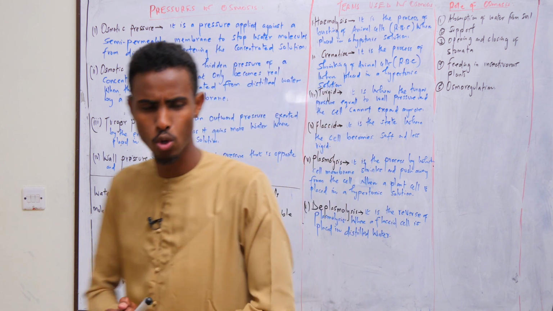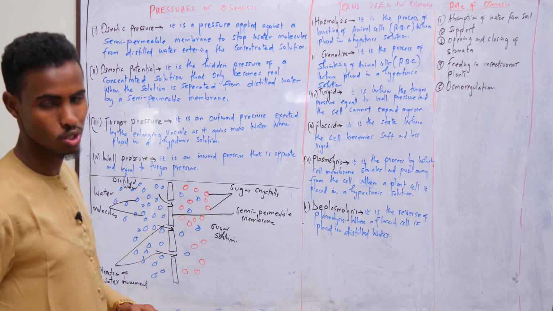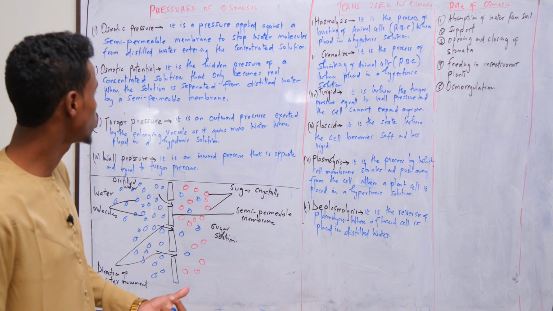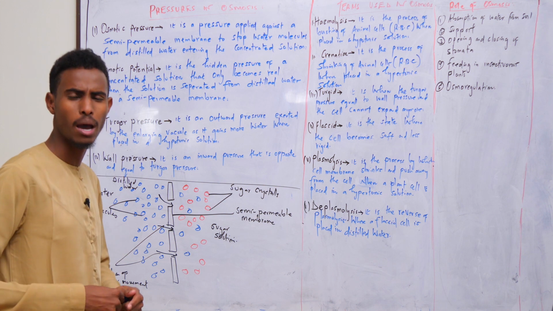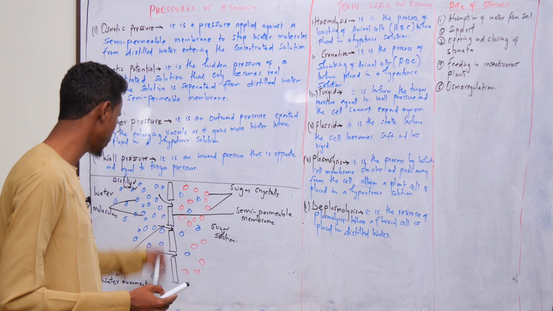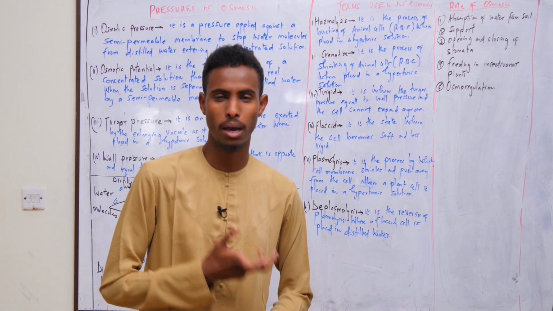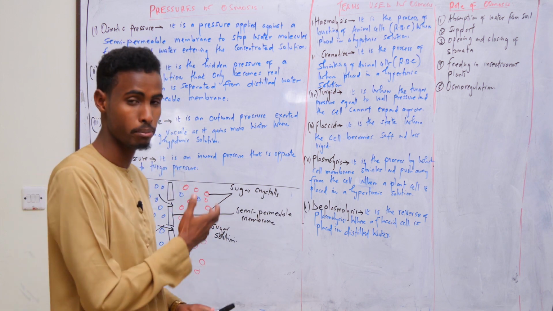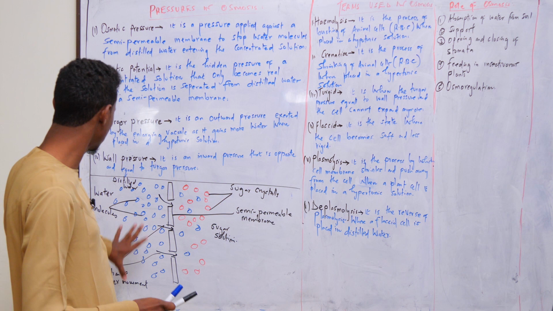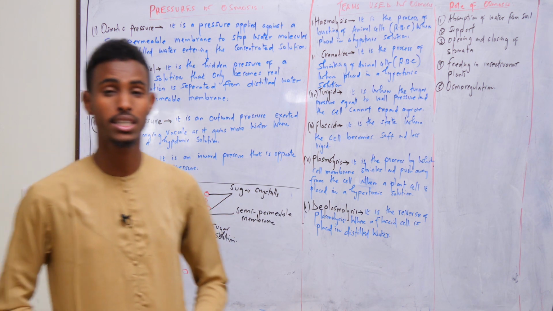Now before that, let's look at the pressures associated. The first pressure class is called the osmotic pressure. Now, what is an osmotic pressure? It's a pressure applied against a semi-permeable membrane. Now, what does this pressure do? It stops water molecules from the distilled water from entering a concentrated solution.